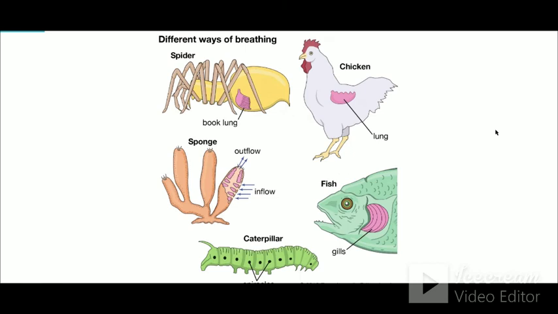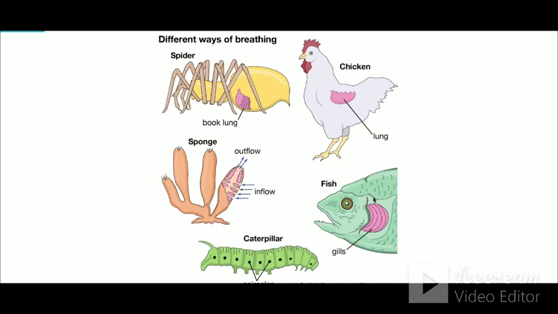You can see in the diagram the different organs present in different organisms for respiration. A spider has book lungs, a chicken has lungs, fishes have gills. Now what does that do? Fishes drink water from the mouth and release water from the gills. The gills have special apparatus for absorbing oxygen dissolved in water.